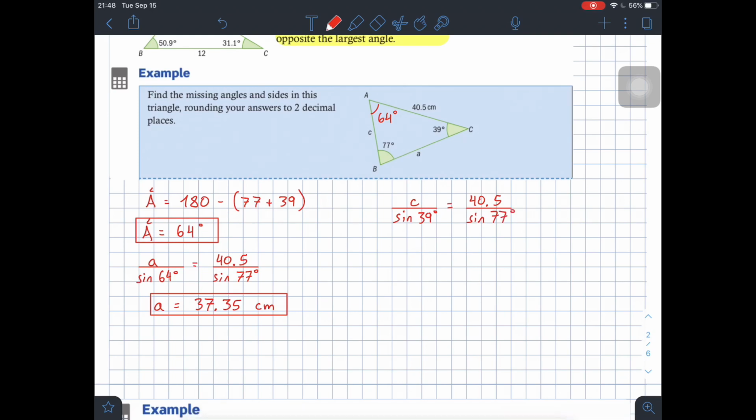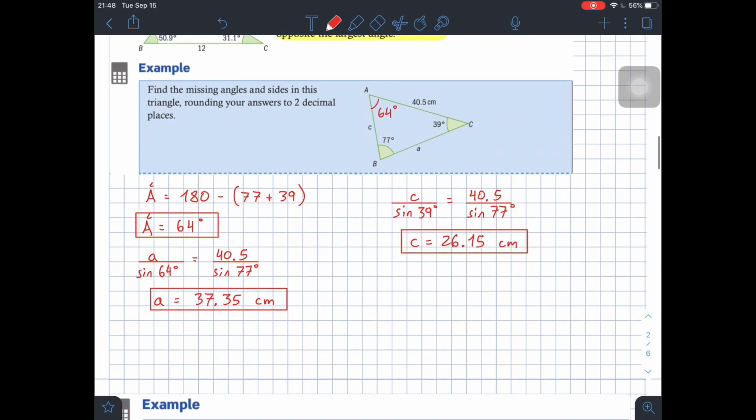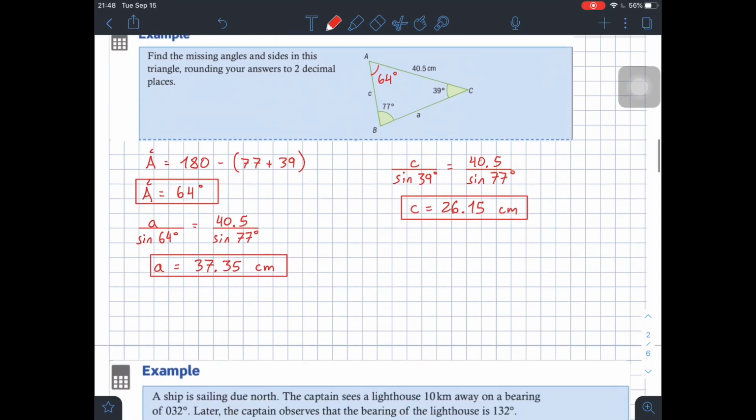So then if we solve for C, we're going to get the value of C, which is 26.15 if we round this to 2 decimal places. Okay? So you see that this is quite easy, right? If you know when to apply sine rule, then this is very easy.